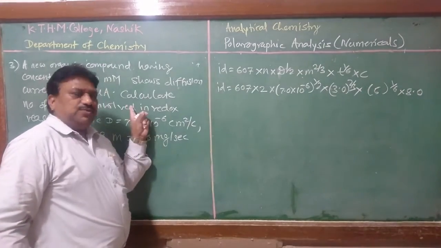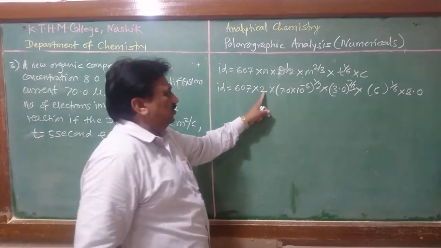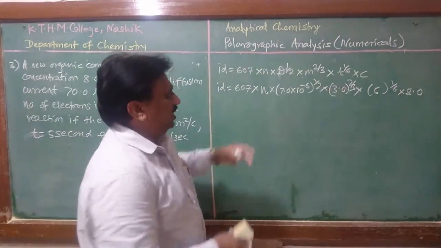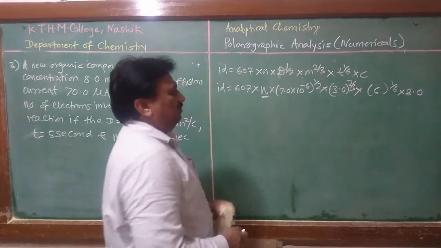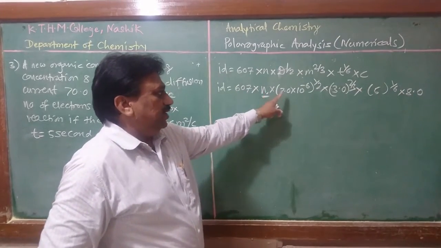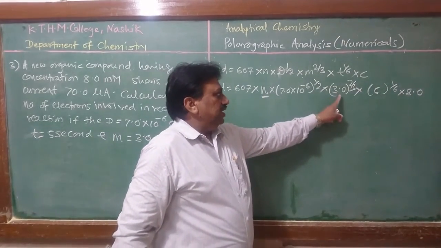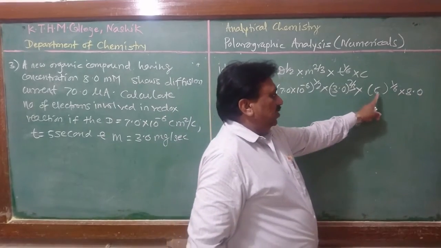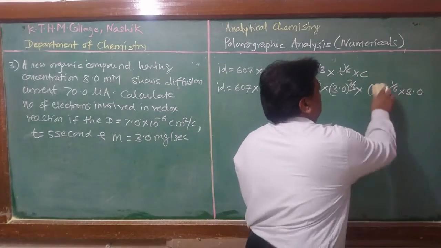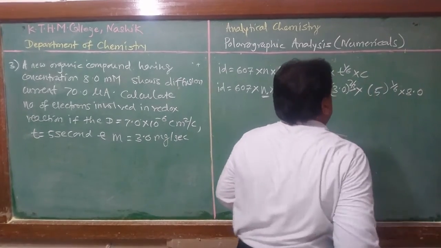Here n is what we have to find out, and therefore the value of n is not given. ID is 607 into n into D into m raised to 2 by 3 into t raised to 1 by 6 into concentration of that particular analyte.